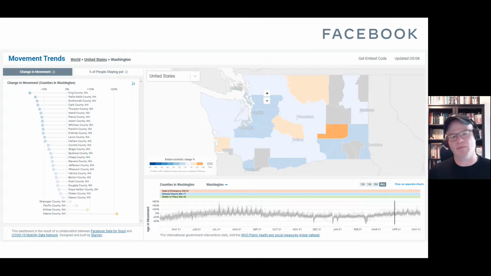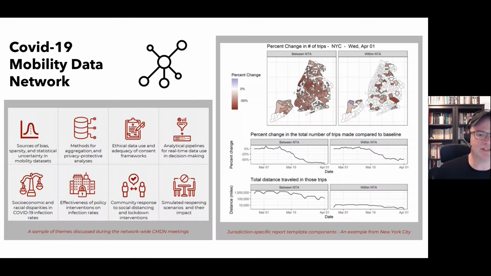The app-based data that turned out to be so challenging to use in Mozambique, given the sparseness, turned out to be extraordinarily valuable in the case of pandemic response, and we worked with groups like Facebook and others to be able to understand the rate at which movement was increasing or decreasing in various geographic areas at the county level. This turned into open data, which is now published on the Humanitarian Data Exchange and is hosted on a live dashboard to be able to inform policymakers about the response to their distancing decisions.